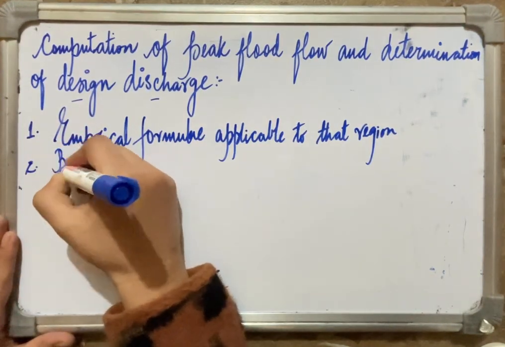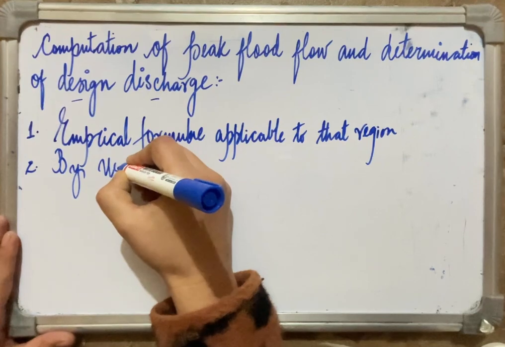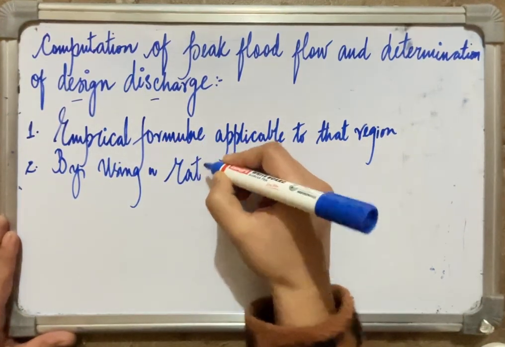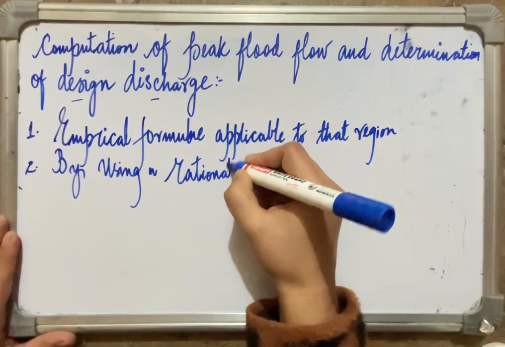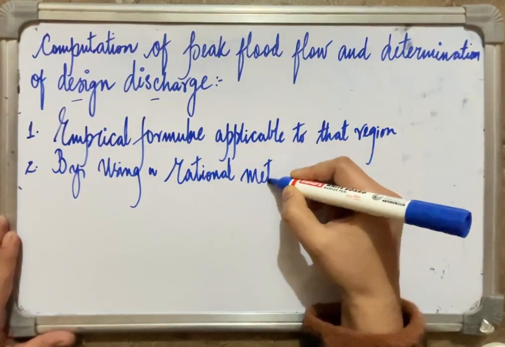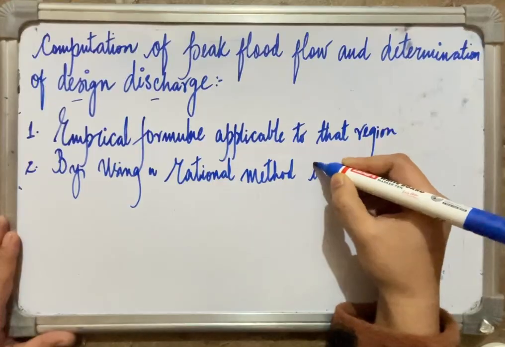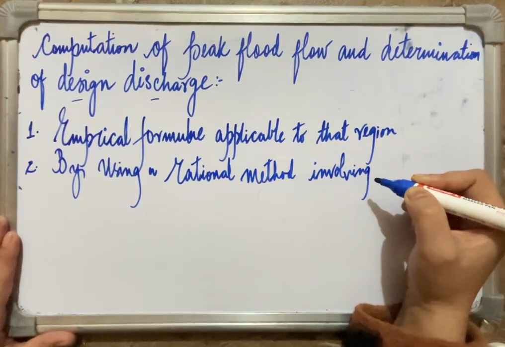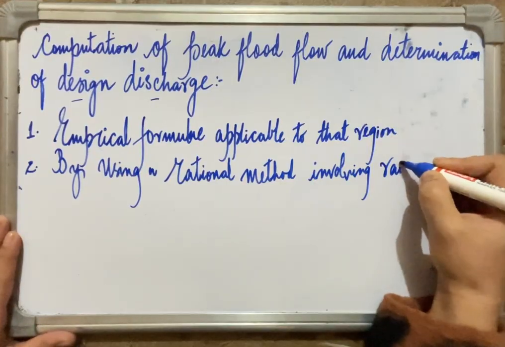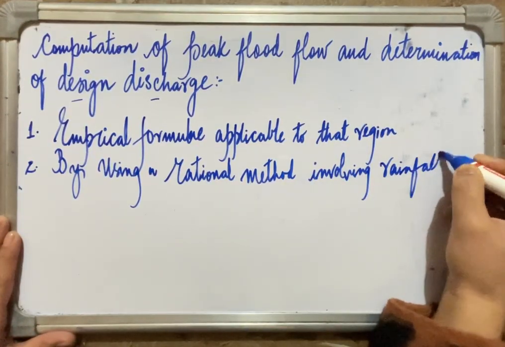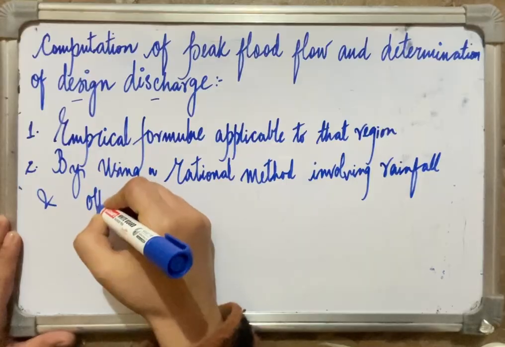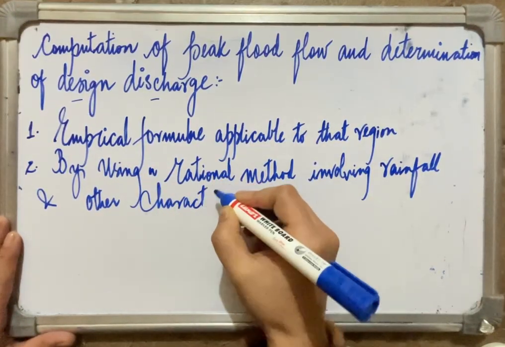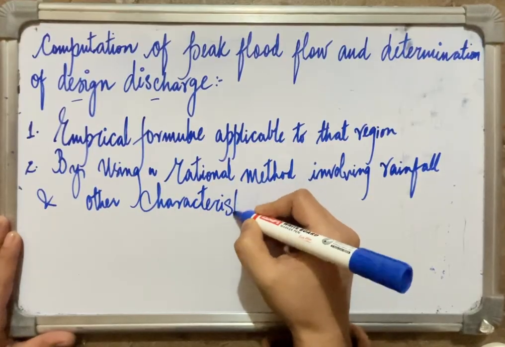By using a rational method involving rainfall and other characteristics of that area, characteristics of that particular catchment area of that bridge site.